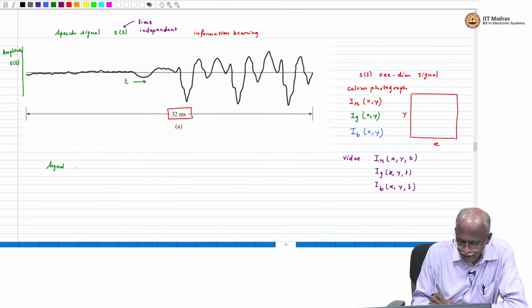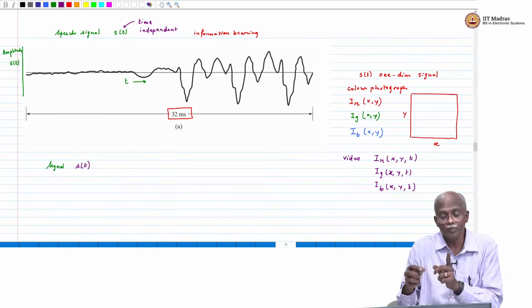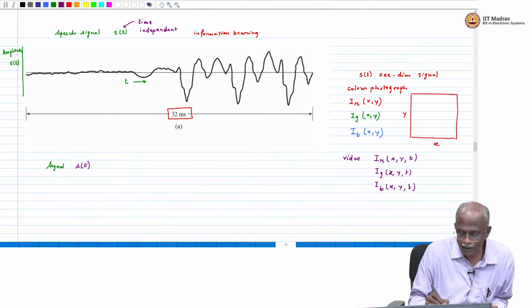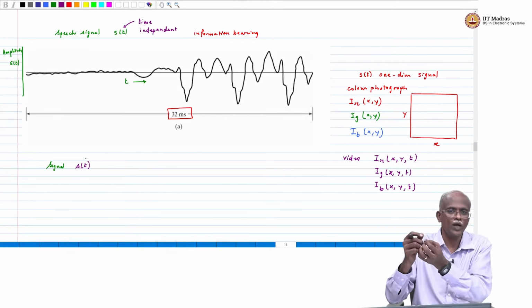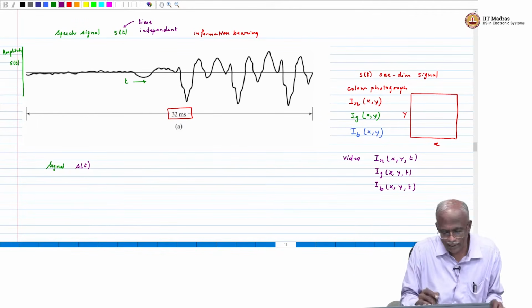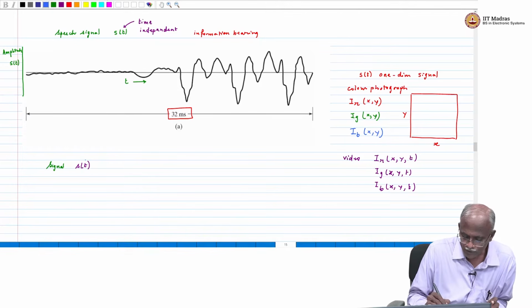So the signal S of t in this particular case depends on an independent variable t, which is a continuously varying function. T can take on any value. It can take 0.1, 0.11, 111. It can take on any value. So it is a continuous variable.